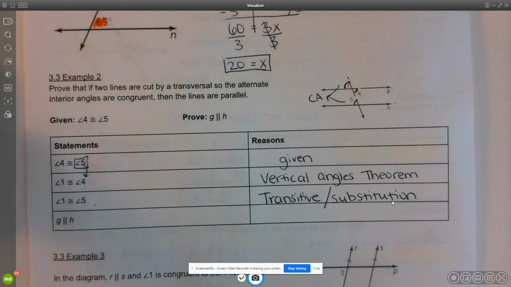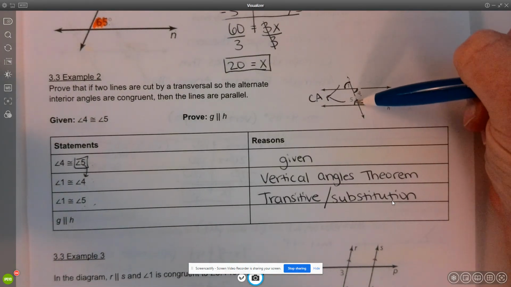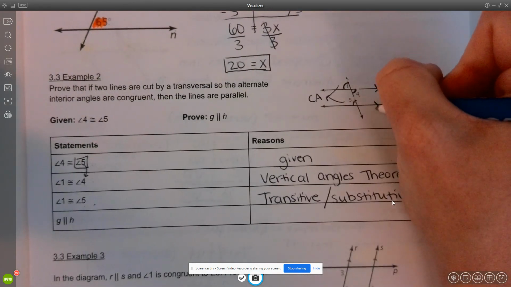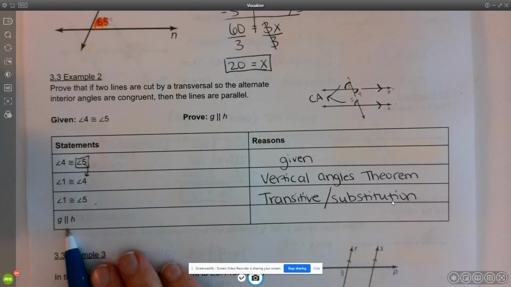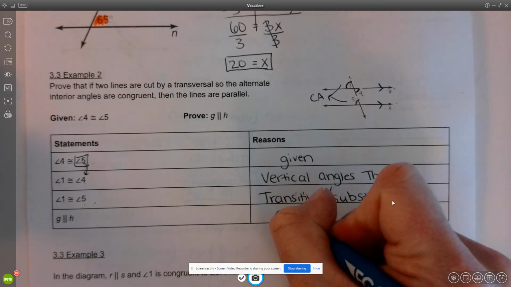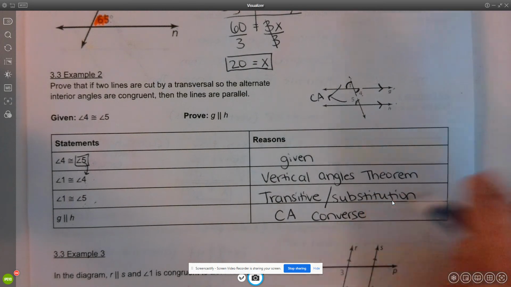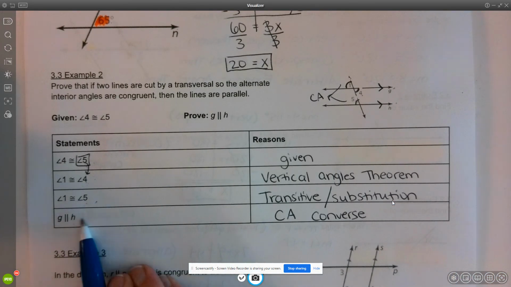And we know that if corresponding angles are congruent, then line G and line H must be parallel to each other. So to prove that line G is parallel to line H, we are using the corresponding angles converse. We knew that the angles were congruent, therefore the lines are parallel.